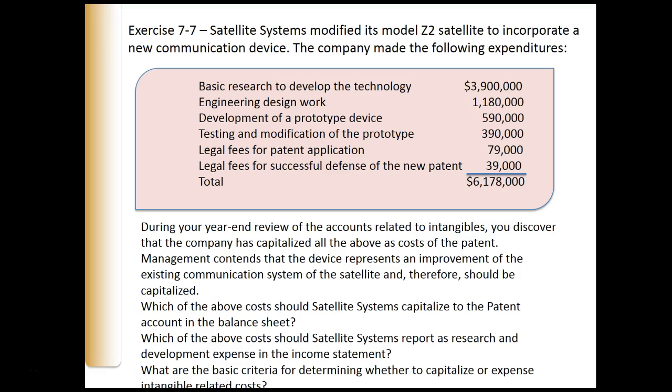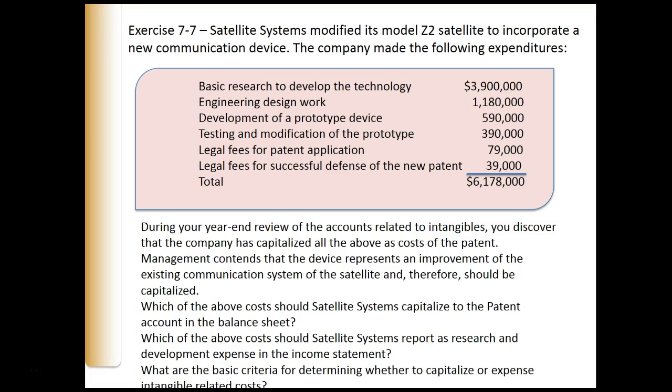So you see basic research to develop the technology, $3.9 million, engineering design work, $1,180,000, development of a prototype device, $590,000, testing and modification, $390,000, legal fees for patent application, $79,000, legal fees for successful defense, $39,000, for a total of $6,178,000. Now, during your year-end review of the accounts related to intangibles, you discover the company capitalized all of these costs as a patent asset.